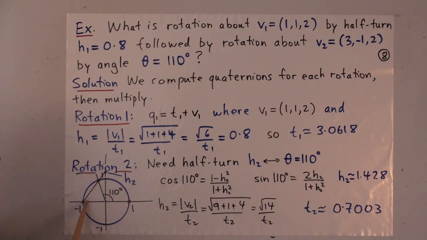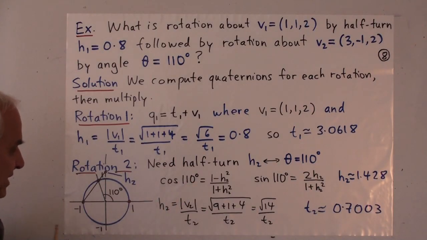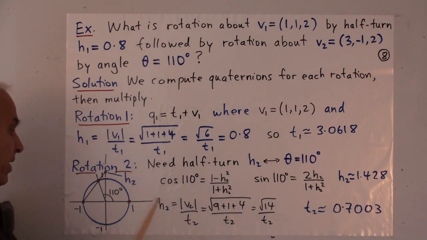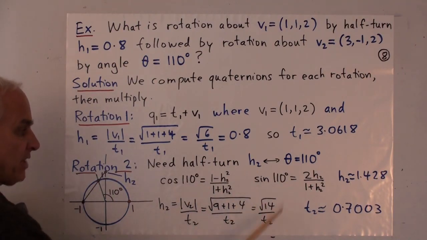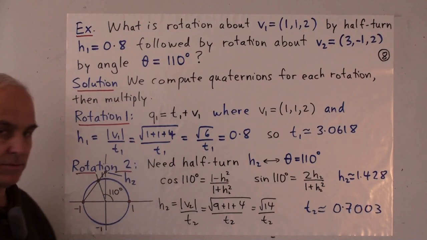Okay, we can do it diagrammatically. It looks like it's going to be something more than 1, something between 1 and 2. We can also do this because we know that cosine of 110, the x-coordinate of this point here, is going to be 1 minus h2 squared over 1 plus h2 squared. Or we also know that the sine of 110 degrees is going to be 2h2 over 1 plus h2 squared.